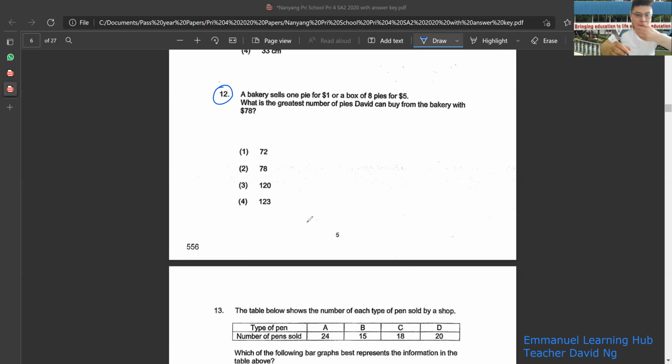Where did you get 40 from? Okay, let me see. He sells 1 pie for $1. So it's either 8 pies or 1 pie, right?